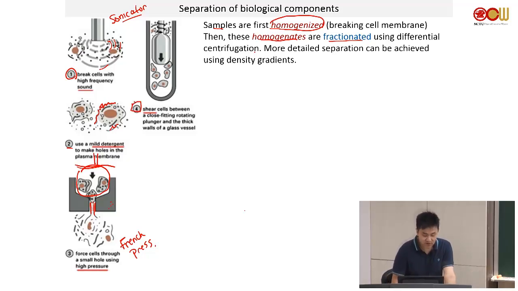Number 4 is similar to the French press, but in a way it's just grinding. You have a glass tube kind of, and then you have this thing that grinds the cell. You put your cells in the tube, and then you're grinding it real fast. As cells are getting smooshed up, it leaks from the outside.